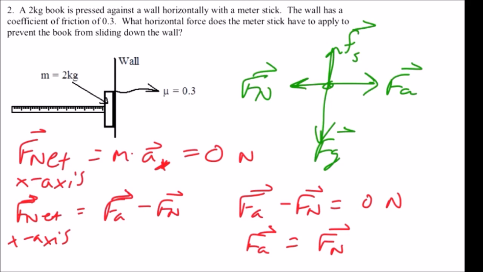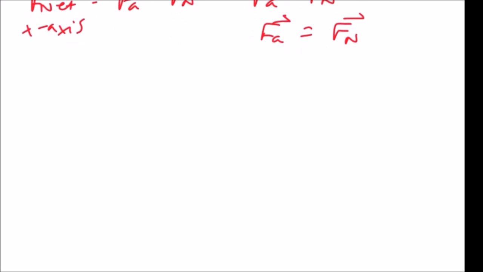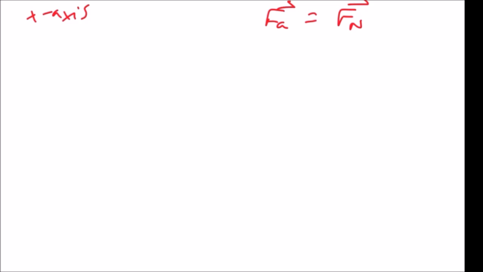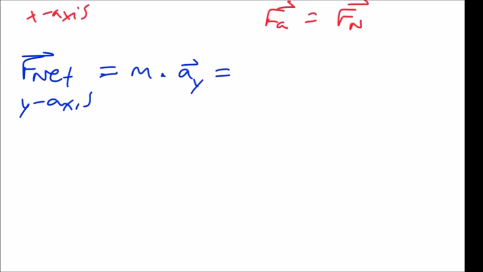The y-axis. All right, so we're going to do our F net statement then in the y-axis. What's the first one going to say? Mass times acceleration. What kind of acceleration? In the y-axis. What's that equal? 0, because that book's not moving.